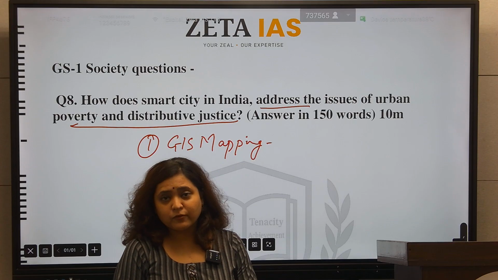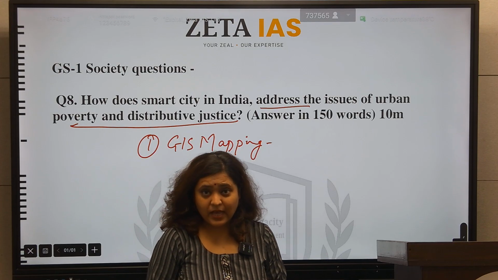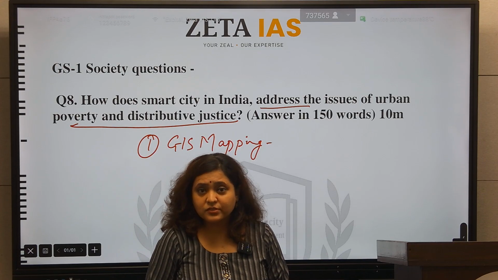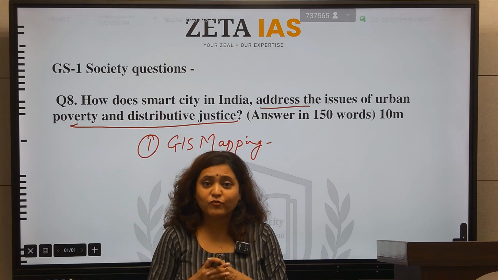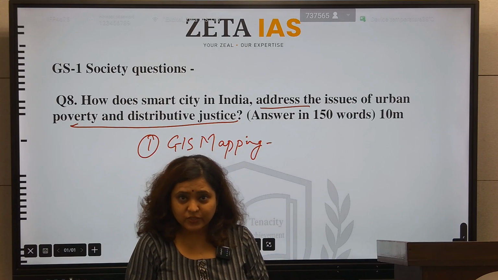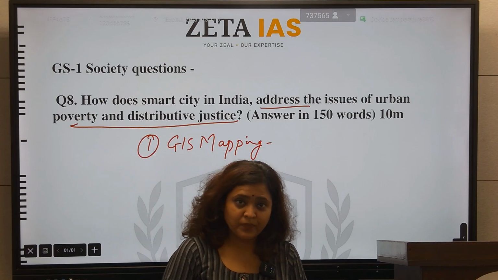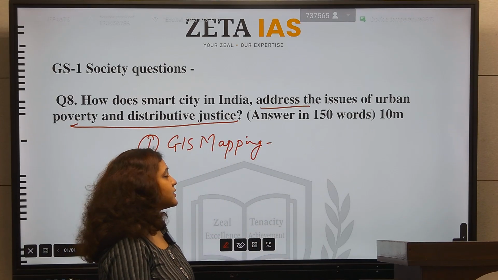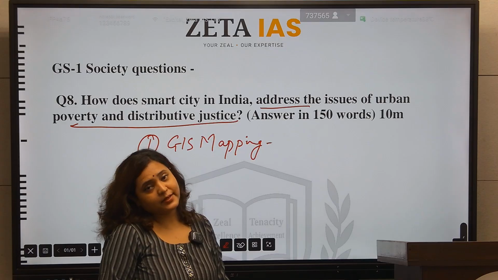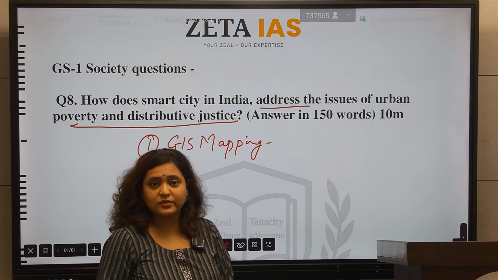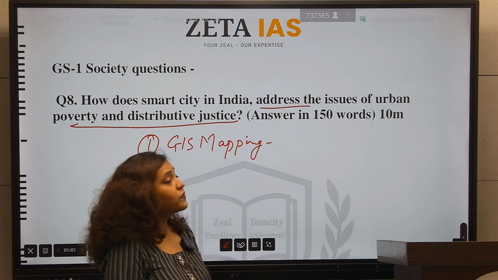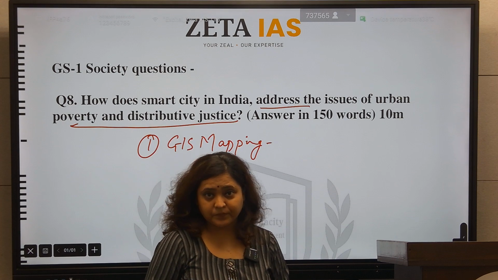The people from the elite class have access to resources, they have contacts, they can manage, but these are the people who suffer the most. So what GIS mapping does is that the urban planning is such that even those areas are very well planned, so they don't face that kind of difficulty.